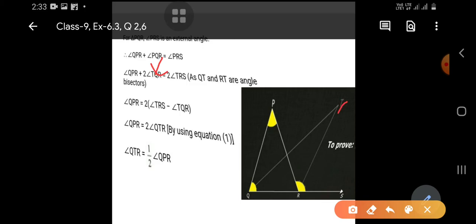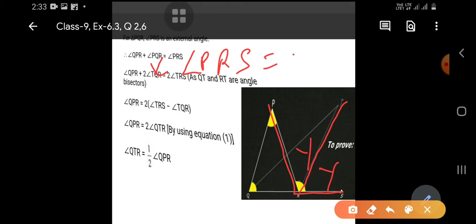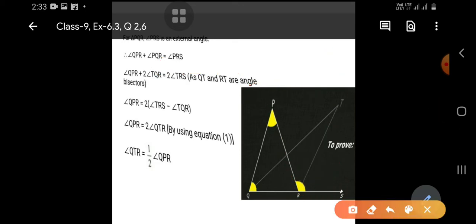Similarly, as TR is the angle bisector of angle PRS, if this is Y, then this is also Y, and angle PRS can be written as 2Y, isn't it? This one and this one. So the value of Y is angle TRS, and PRS can be written as 2 into TRS.